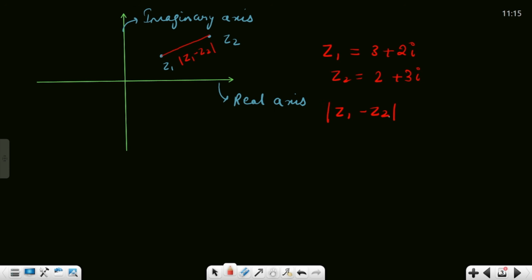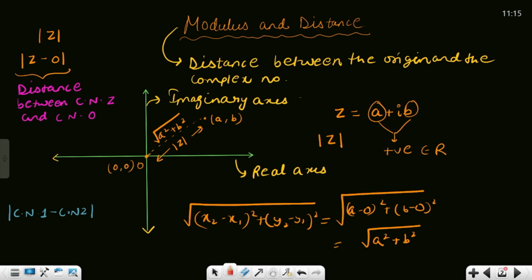So z1 minus z2 is real part minus real part, 3 minus 2, which is 1, and imaginary part minus imaginary part, which gives 1 minus iota. The modulus is under root 1 square plus 1 square, which means root 2 units. So root 2 units is the distance between z1 and z2. This is the whole concept behind distance.